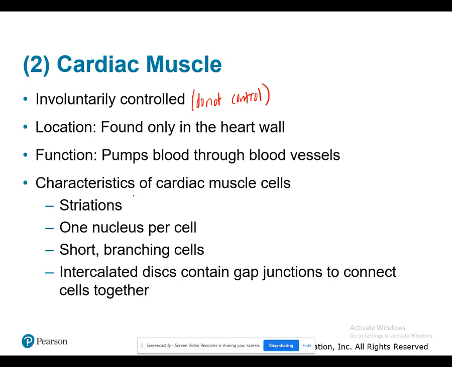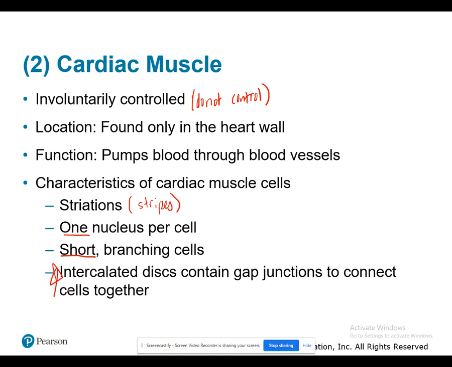Now, some characteristics of it, just like skeletal muscle, it also has striations or stripes. One thing that's different from skeletal muscle is instead of being multinucleate, cardiac muscle actually only has 1 nucleus. Another difference is instead of being long, it is actually short. They're pretty short, and they have branching cells. And the other thing that really sets it off, especially when you're looking under a microscope, are something called intercalated discs.